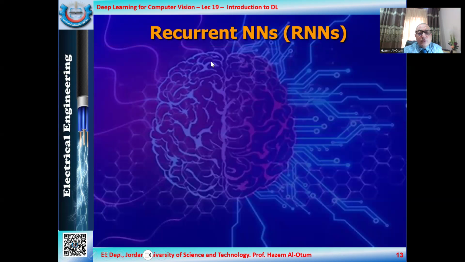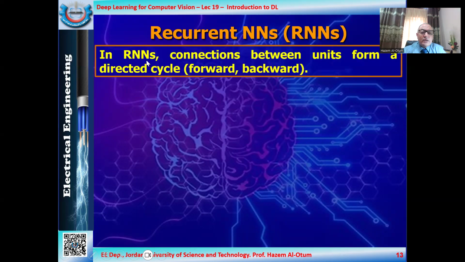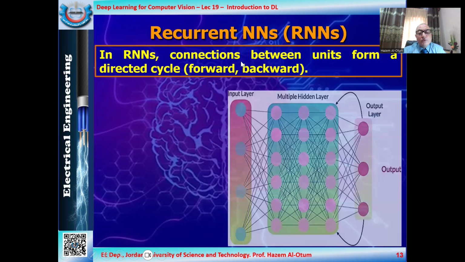In the case of deep recurrent neural networks, or deep RNNs, in machine learning we talked about RNNs. It is a very specific case of NNs where the output of the neurons or perceptrons is fed back to the input, and it can perform a cycle forward and backward, and it can memorize the previous state of the data.